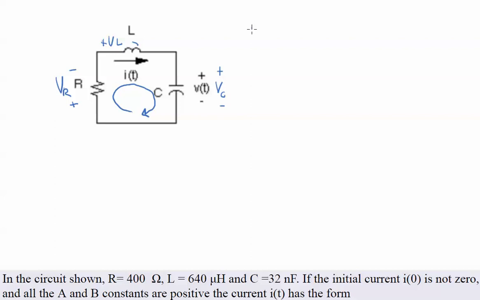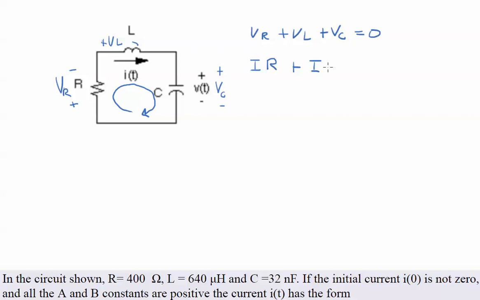So let's just first do our mesh equation, VR plus VL plus VC. The sum of the voltages should equal 0. I'll use a capital I for the Laplace transform of the current. So I times R is the voltage across the resistor.